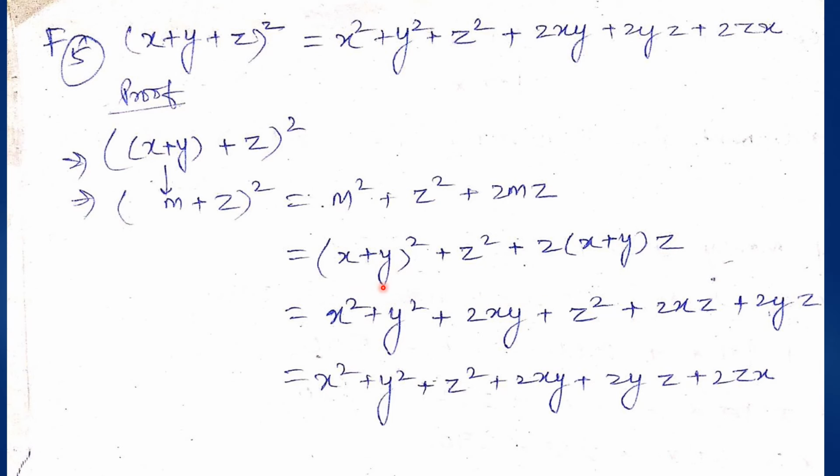I have opened it like this: x square, y square, 2xy, then z square, then 2 into x is 2x into z is 2xz, then 2 into y is 2y into z is 2yz. So this is the final term. Just rearrange it and we have got the answer: x square plus y square plus z square plus 2xy, 2yz, 2zx.